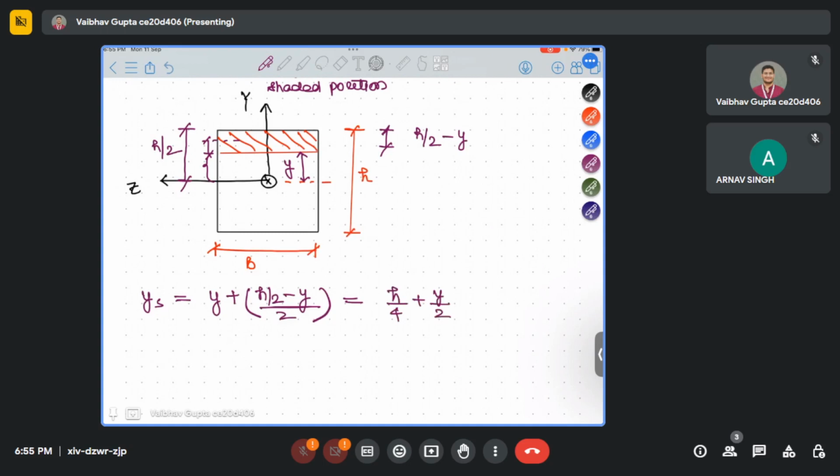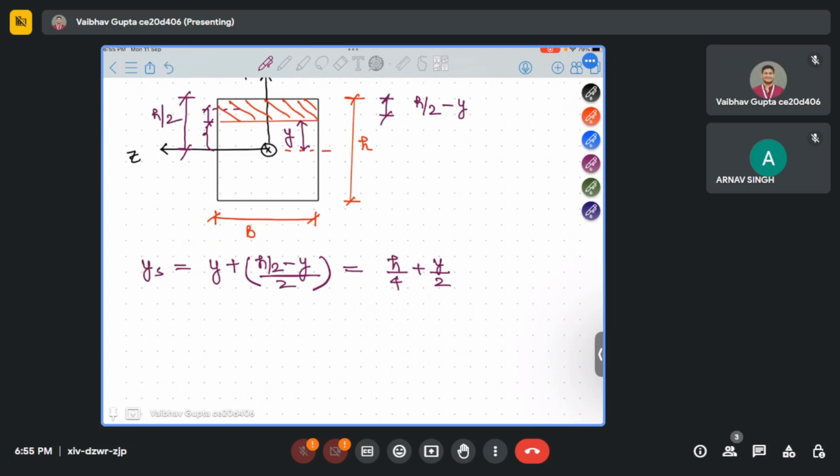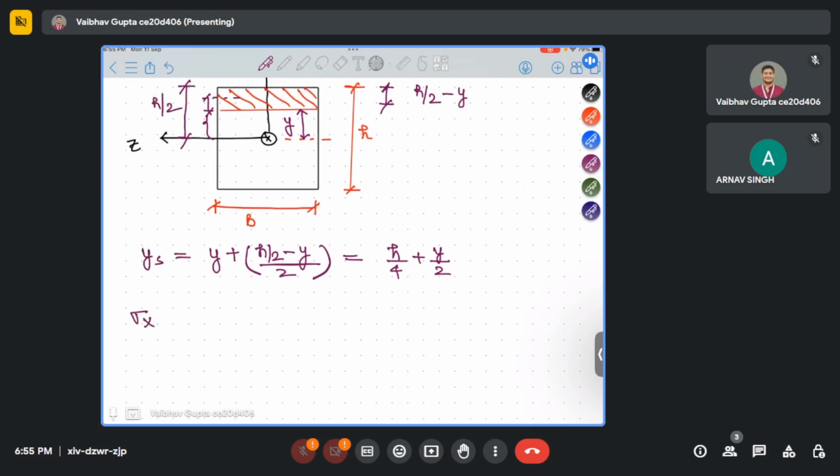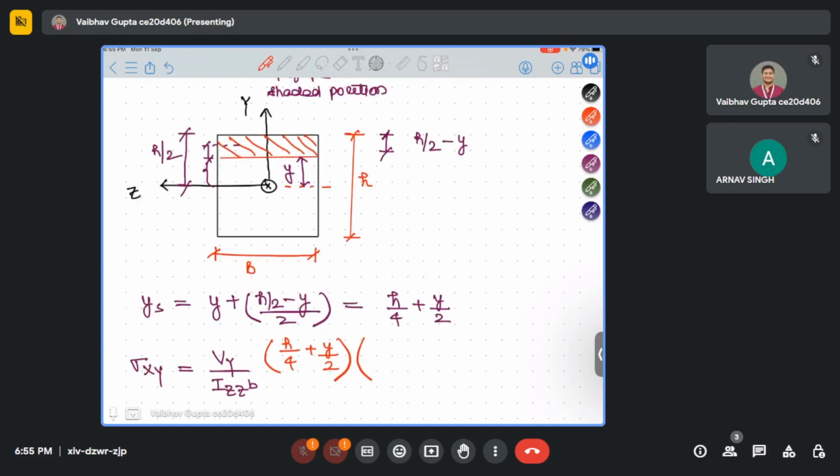Now, what is sigma xy? Just now we wrote the formula. It is Vy into ys into As, upon Izz into b. Now we have calculated ys, which is h by 4 plus y by 2. What is As? As is nothing but width into height for the rectangular section.